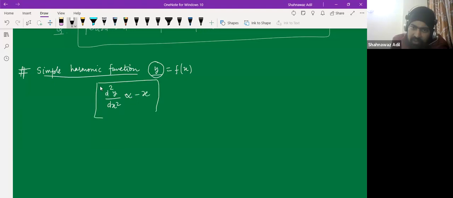So these kinds of functions are called simple harmonic. Say that if I choose a function which is sine x, remember what is d by dx of sine x?